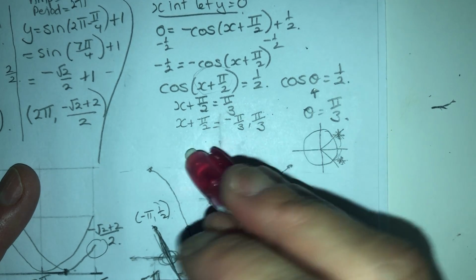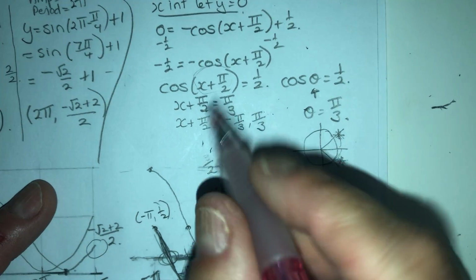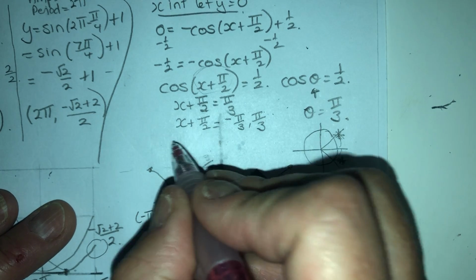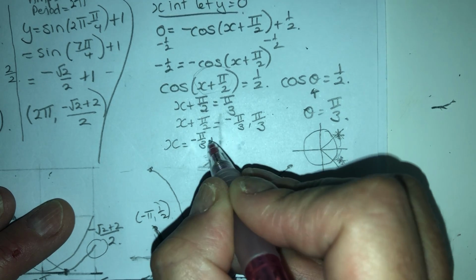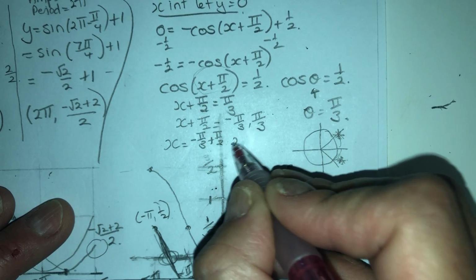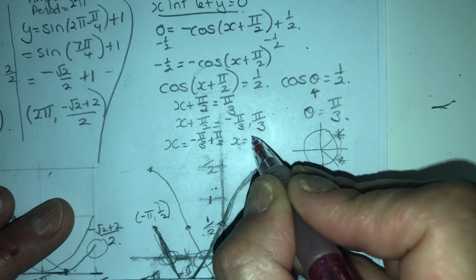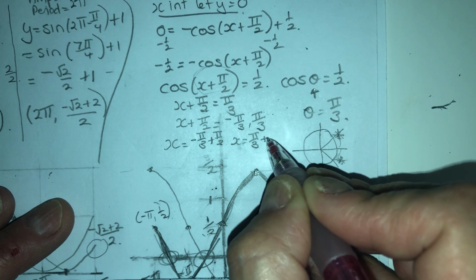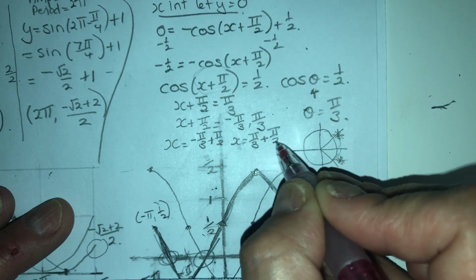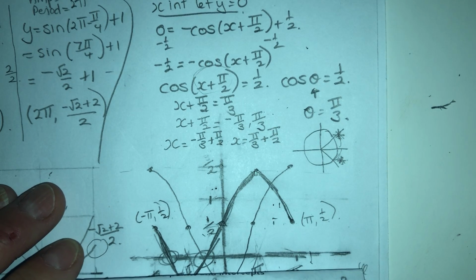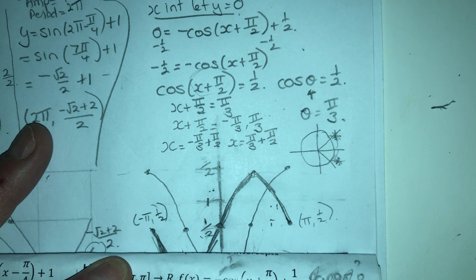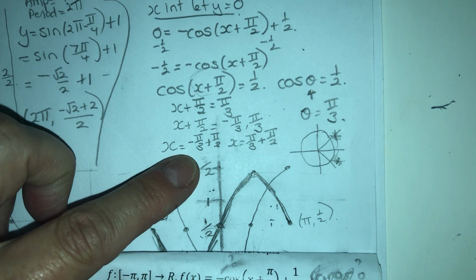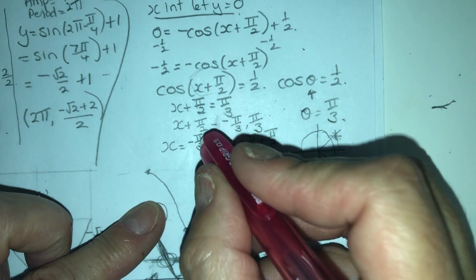Sorry, I'm running out of room here. All right, so if we add pi on 2 to both sides, we're going to end up with x equals negative pi on 3 plus pi on 2, and x also equals pi on 3 plus pi on 2. So our new values, negative pi on 3, oh, it should be minus, sorry.